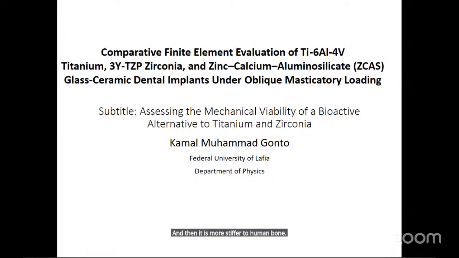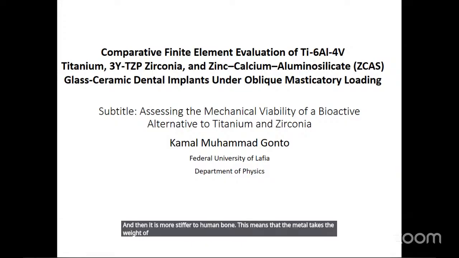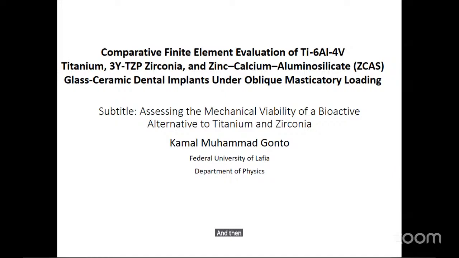This means that the metal takes the weight of any chewing when you have a titanium implant. So there's what you call stress shielding. The bone that surrounds or is closer to that titanium becomes weaker, and then later it degrades.